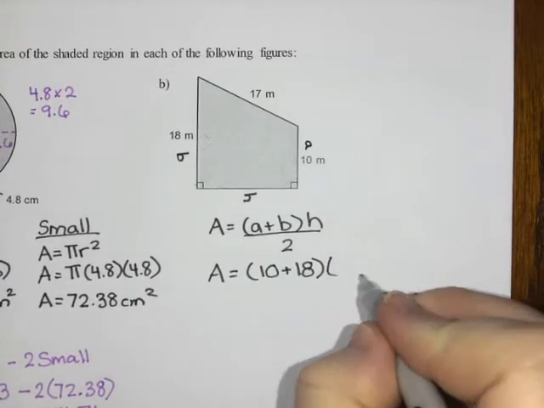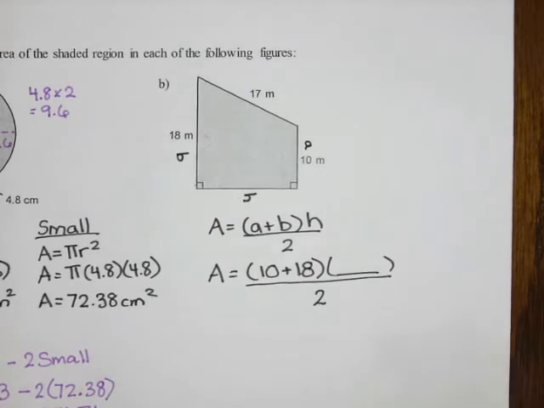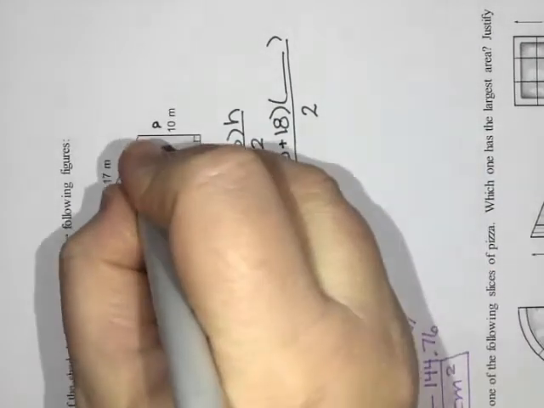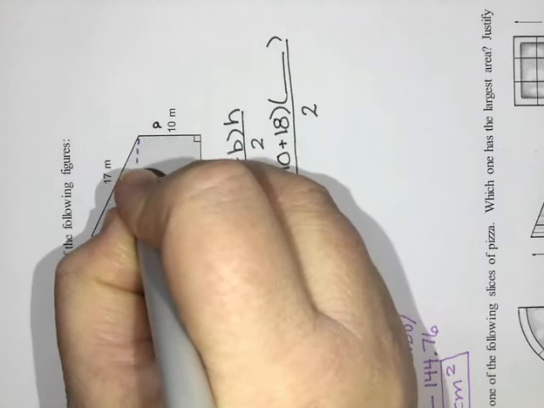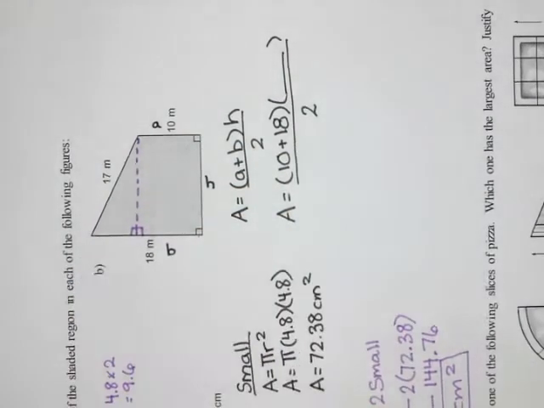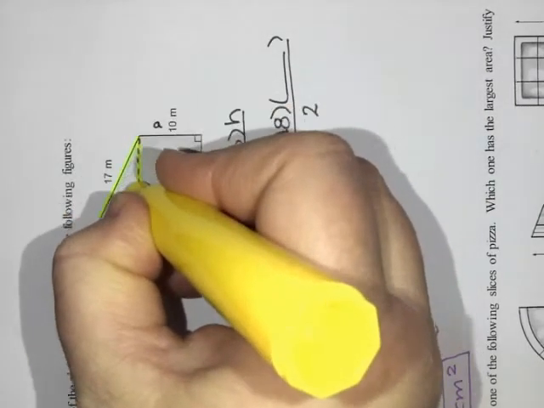We're going to have to come back to that. And then this is divided by 2. If I take a look at the picture, I do see that if I redraw the height here, it makes a right angle triangle with that slanted side right there.